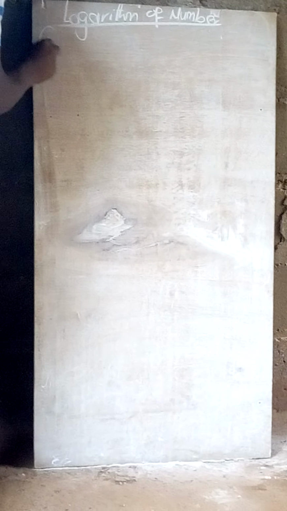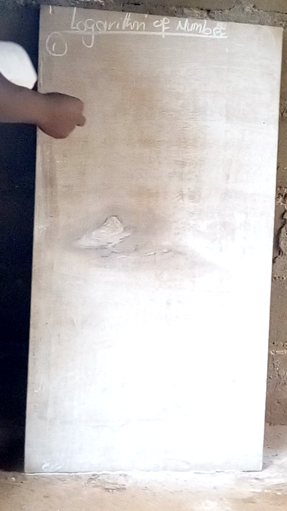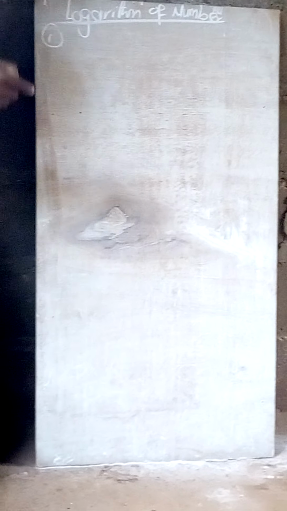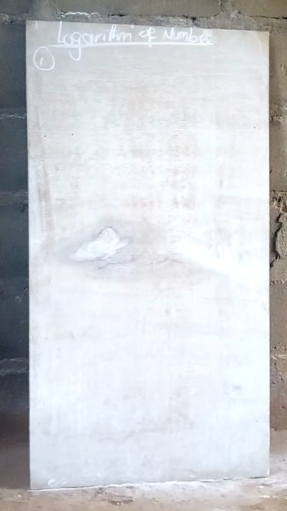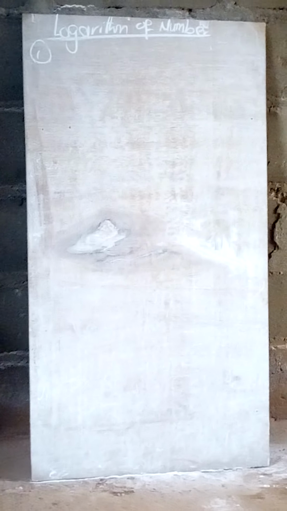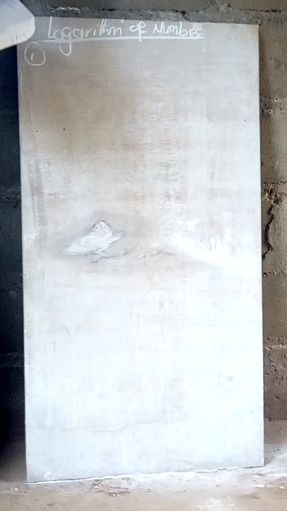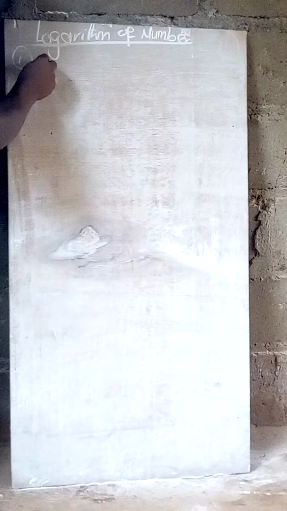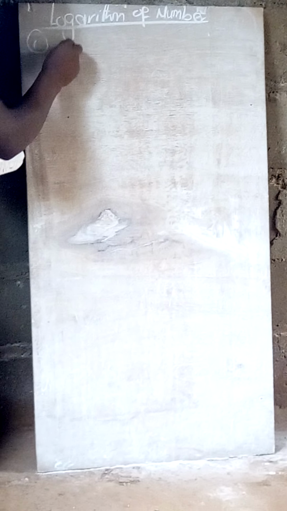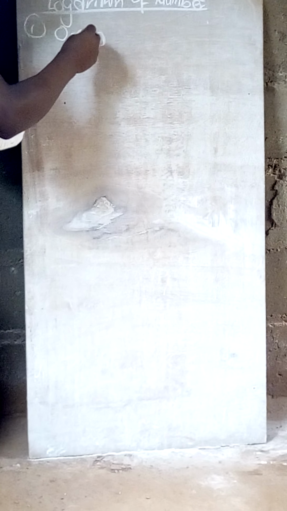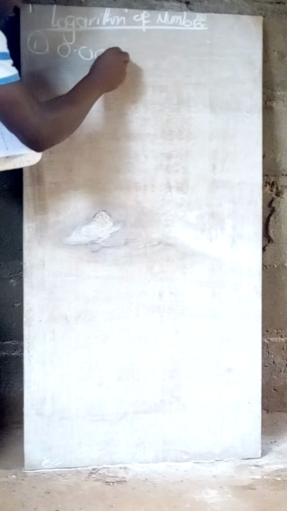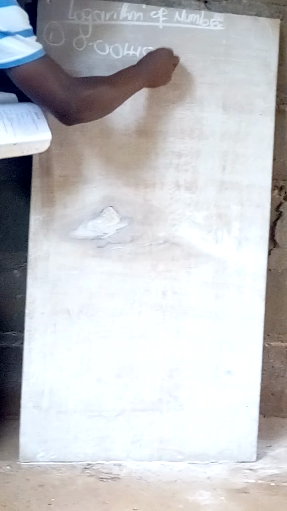Let's now pick the first question. We have 0.00415 times 44.89 all over 15.58 times 0.78. Please be writing, that will be fast.